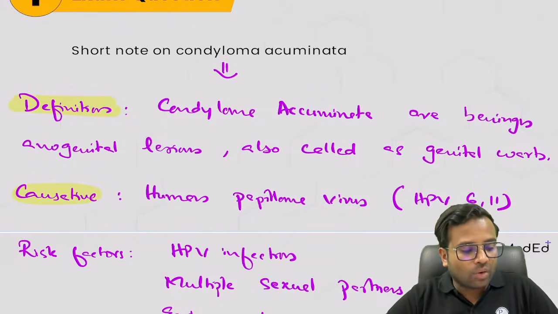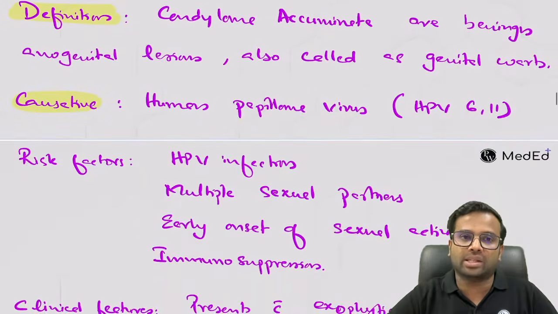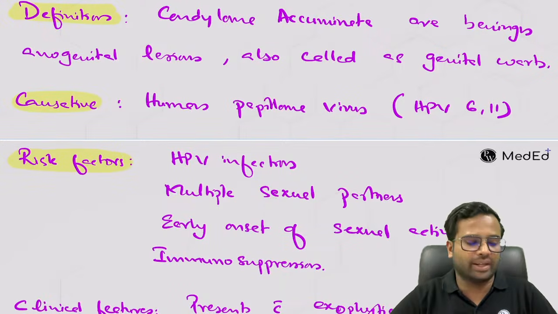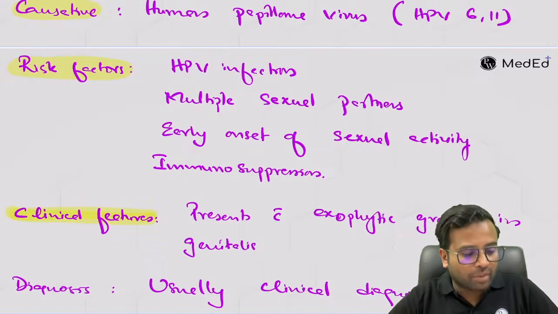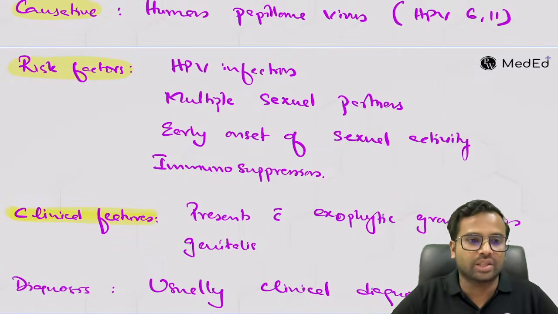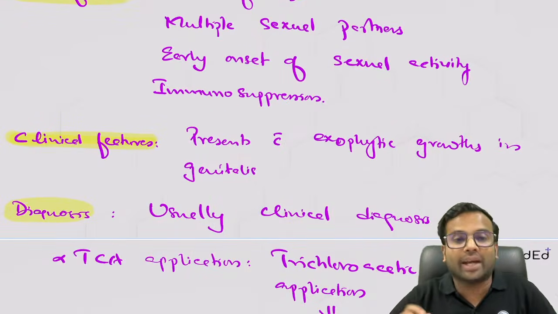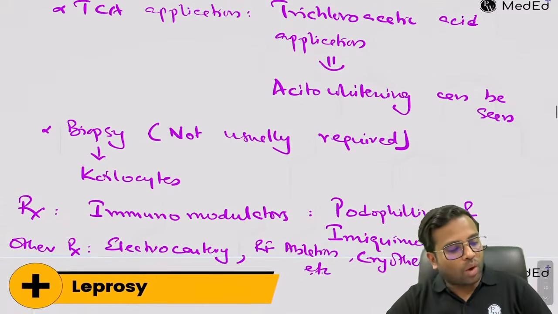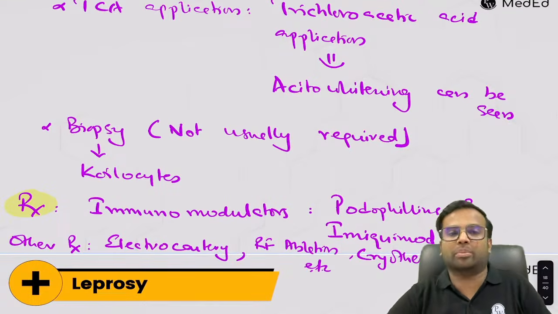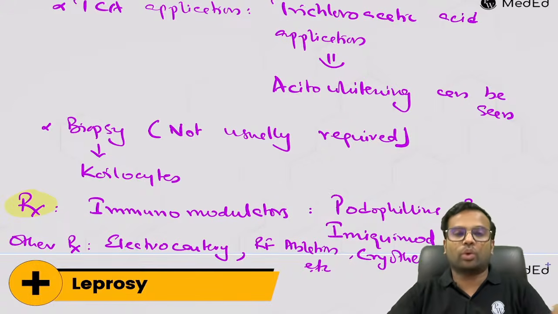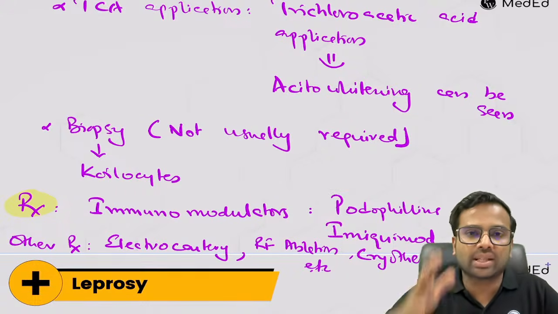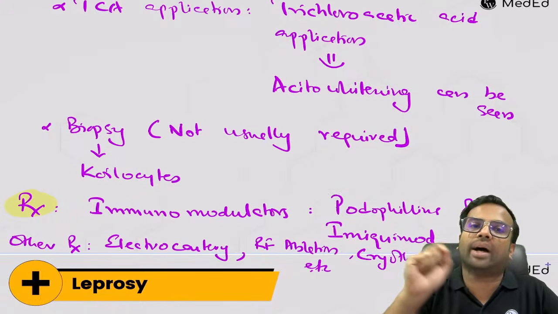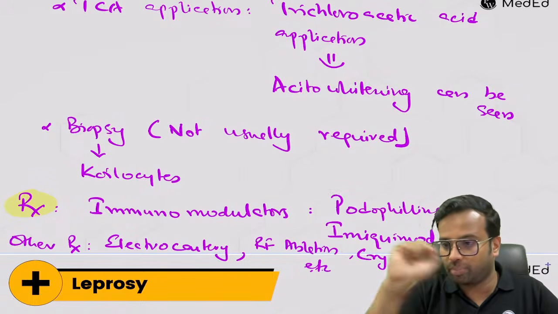Then we write what is the cause behind this disease, what are the risk factors or the etiology behind it, then how the patient will present to you, that is the clinical features, how you are going to make a diagnosis of this disease, and finally how you are going to treat the patient. That is the structure which every examiner is looking for when you give an answer for a subjective kind of paper. Clear?